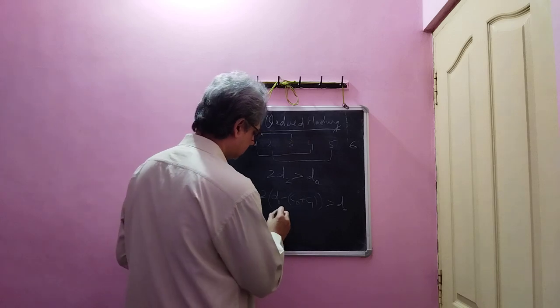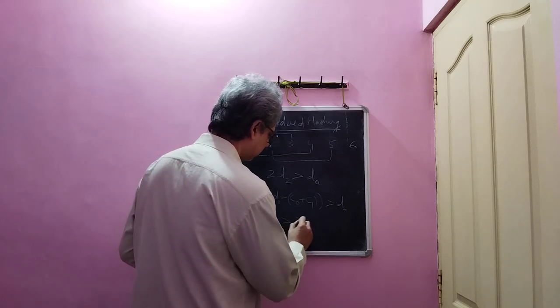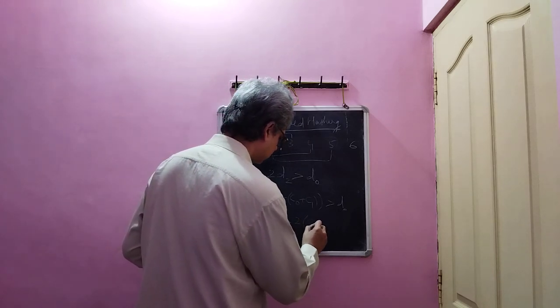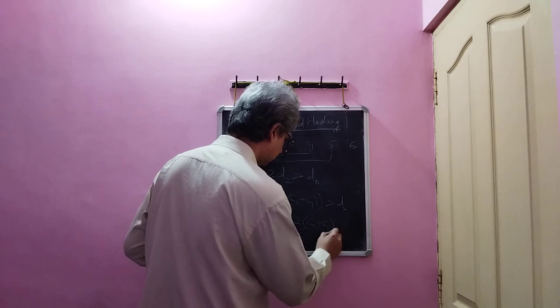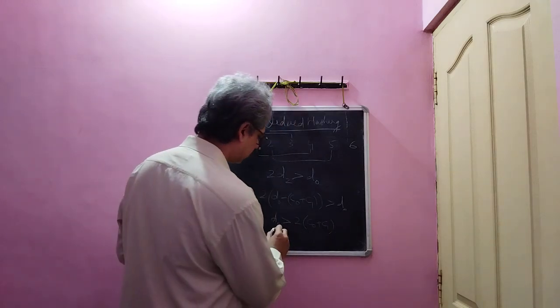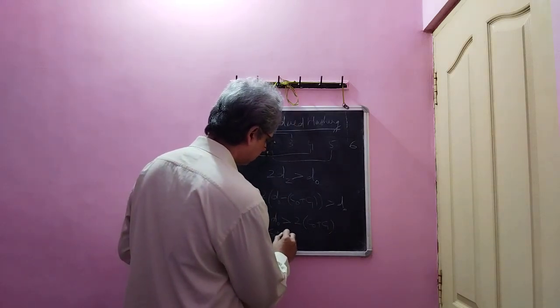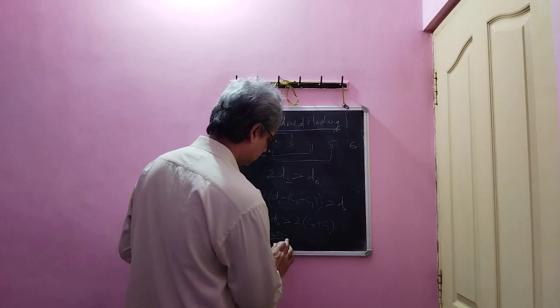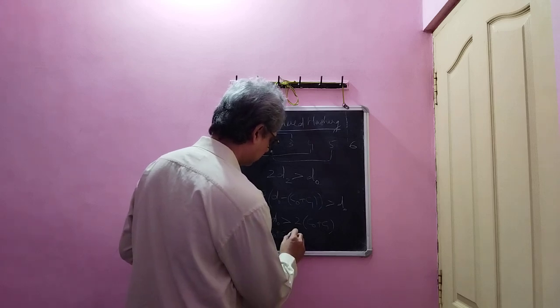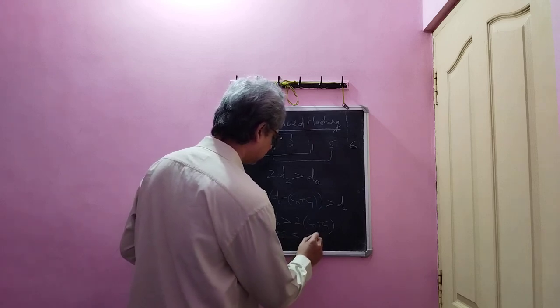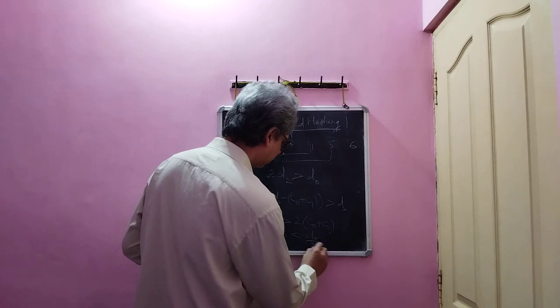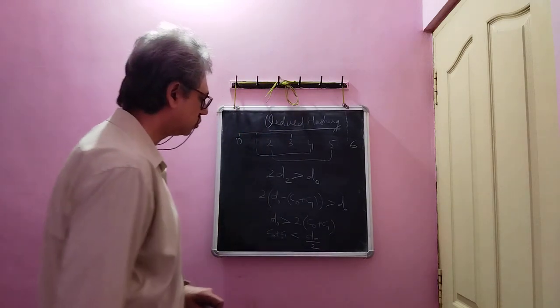In other words, D0 greater than 2 times (C0 plus C1). In other words, we require C0 plus C1 less than D0 by 2.